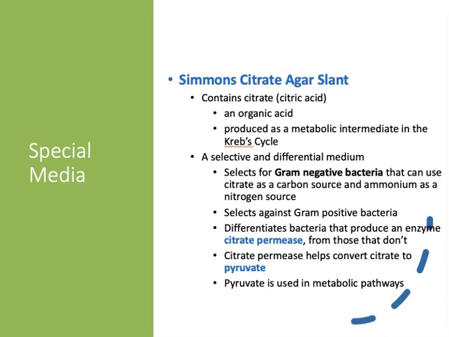One more type of special media that we're going to talk about today is called Simmons citrate agar. Simmons citrate is usually produced as an agar slant. Because of what we're going to use it for, we don't need to see individual colonies growing. We just need to grow the microbe.